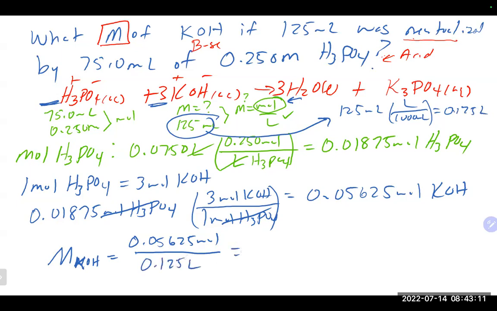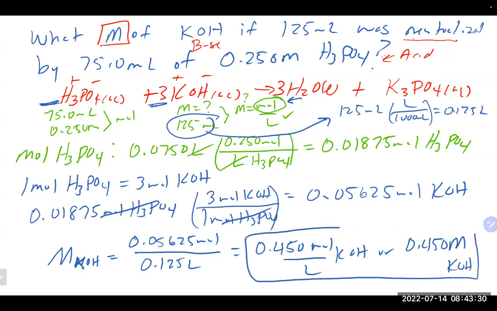And in this case, we will end up with, see how I did making up numbers, not too bad, I guess, 0.45 moles per liter of KOH. Or again, you can just write it as 0.450 big M KOH. Any questions on any of those steps there?